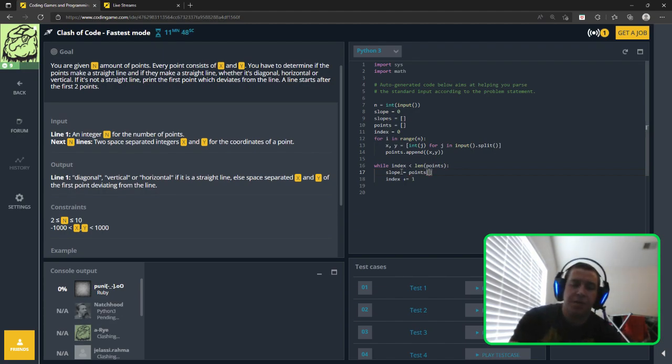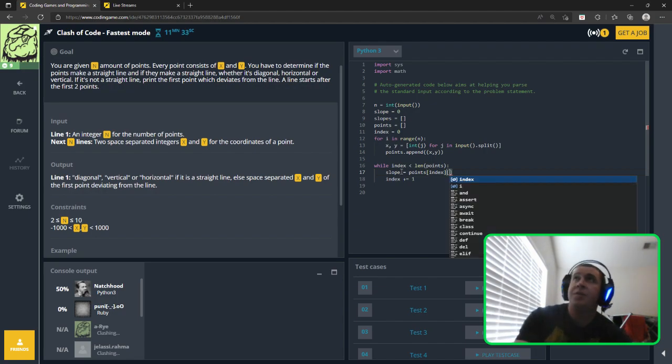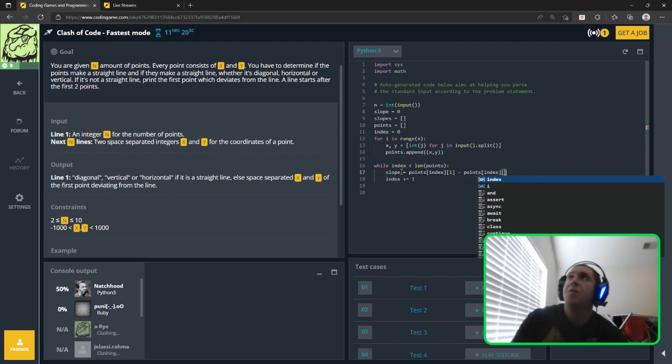Points index. It's rise over run, so it's the difference in the y's over the difference of x. So we're doing at index y minus points index plus 1.